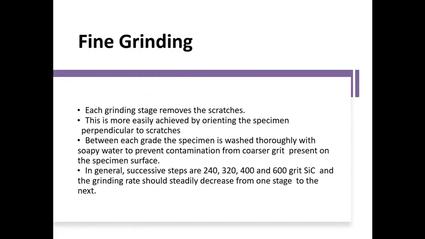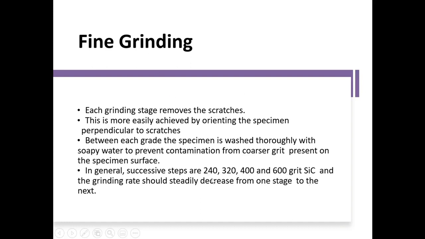Each grinding stage removes the scratches of the previous one. This is more easily achieved by orienting the specimen perpendicular to the scratches. Means if you are taking a number of steps in fine grinding, in general 240, 320, 400 and 600 grit papers are used for fine grinding.